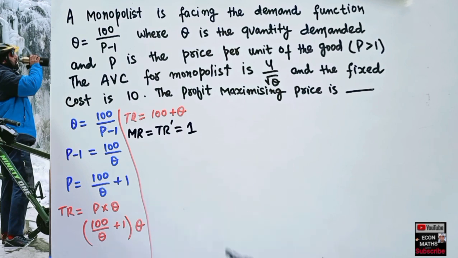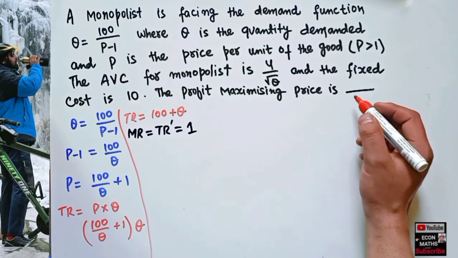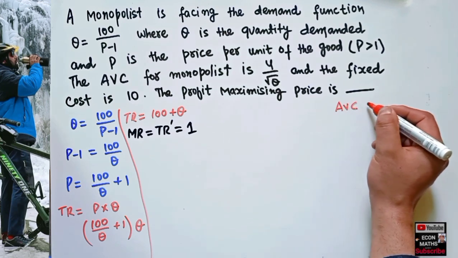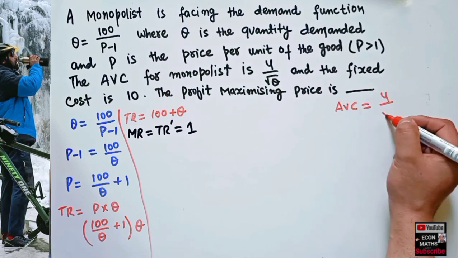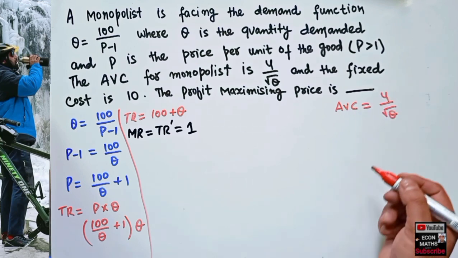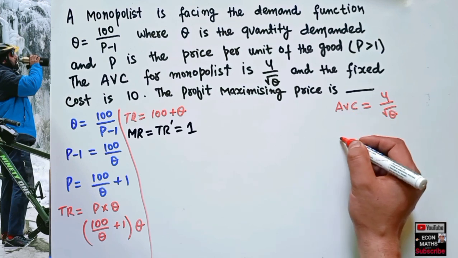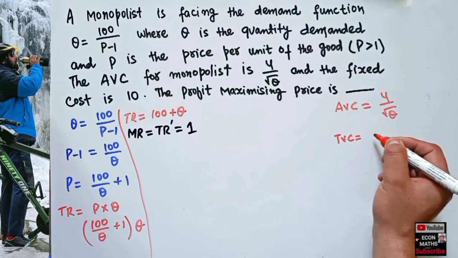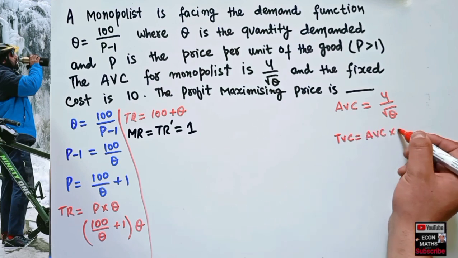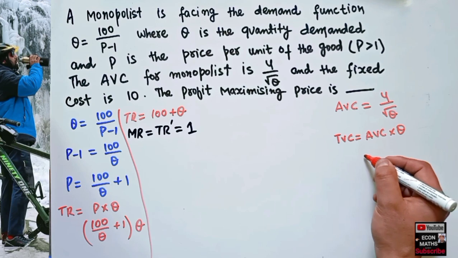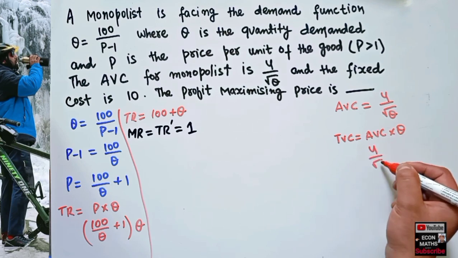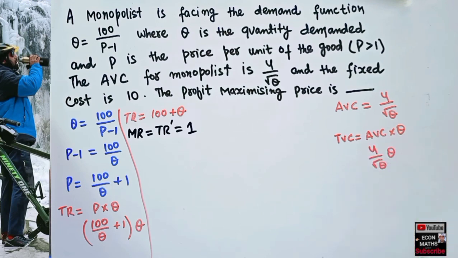And what is our total cost? Let's write the total cost function here. We are being given the average variable cost as 4 upon under root q. If this is the average variable cost, then our total variable cost will be equal to AVC times q, which is 4 upon under root q multiplied by q.